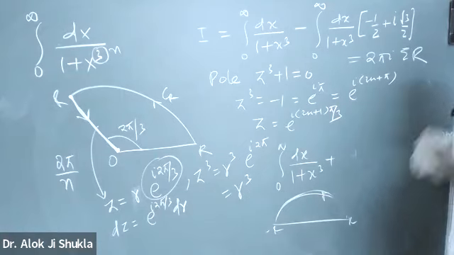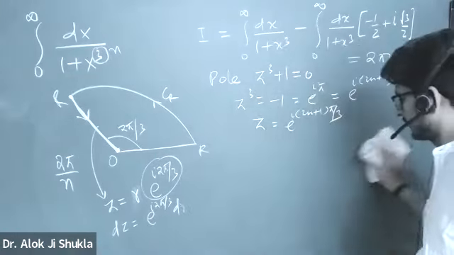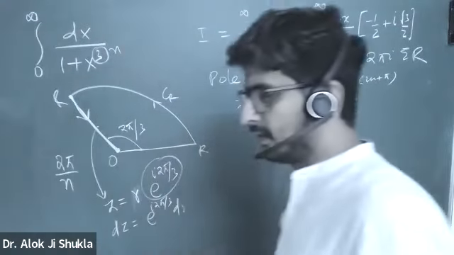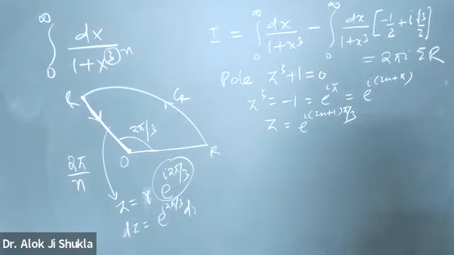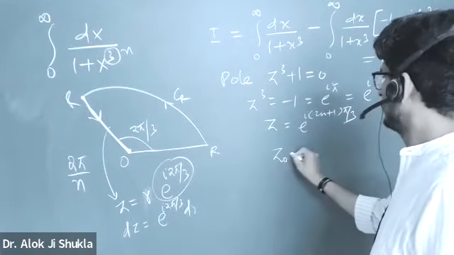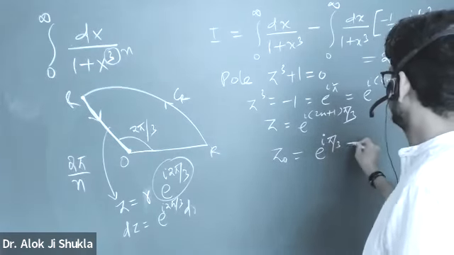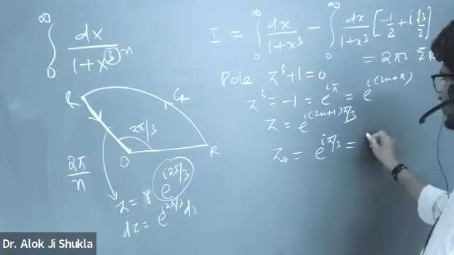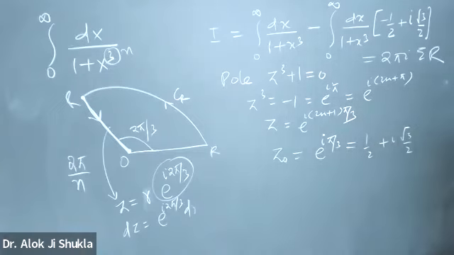Yes, sir. This will become e to the power i pi by 3 for z0, which is pi by 3, that is 60, right? Yes, sir. 60.